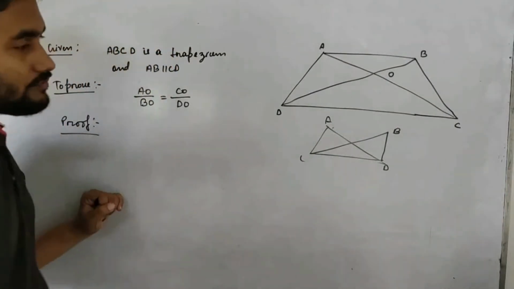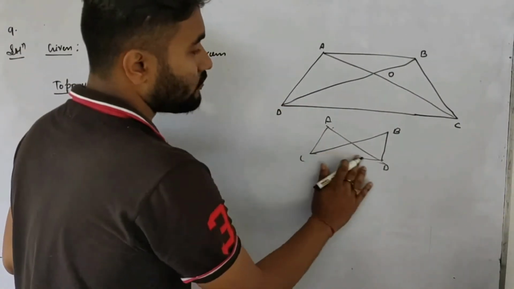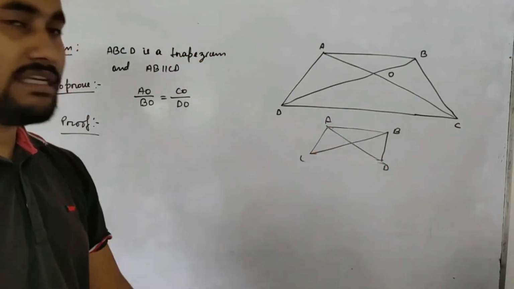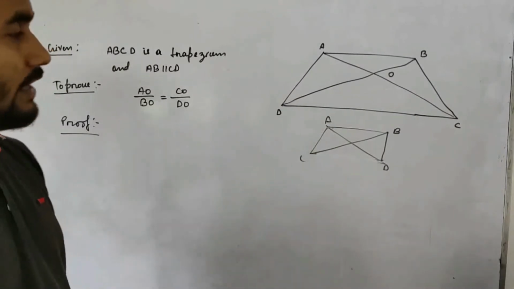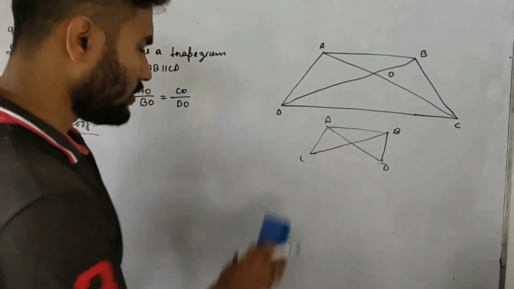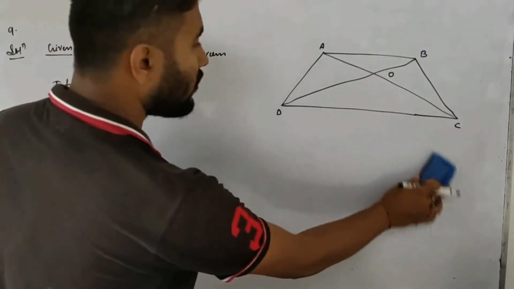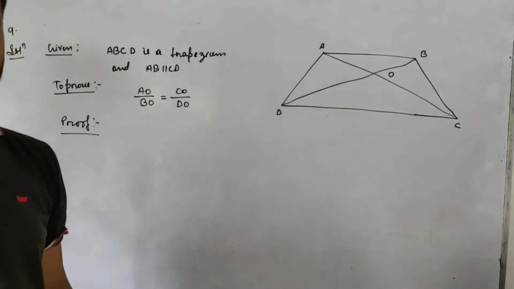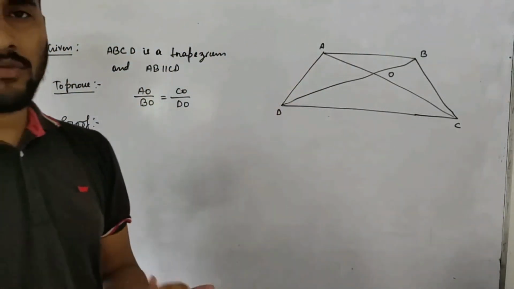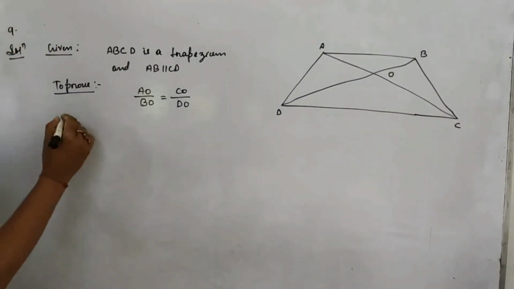And similarly the upper two triangles, AB is there but CD is not there. So the parallel is given, but it is of no use. We cannot use Thales theorem over here, since in the triangle there is no parallel line. So for that we need to do construction.